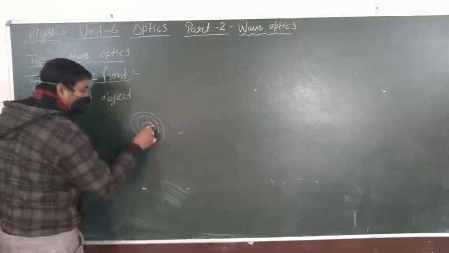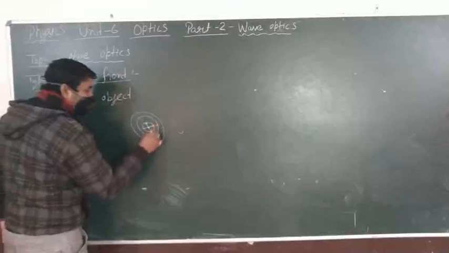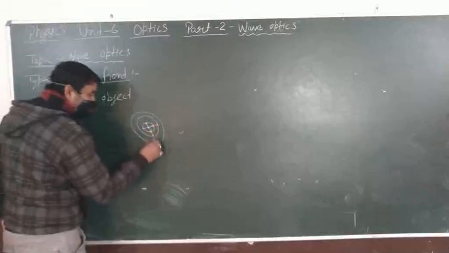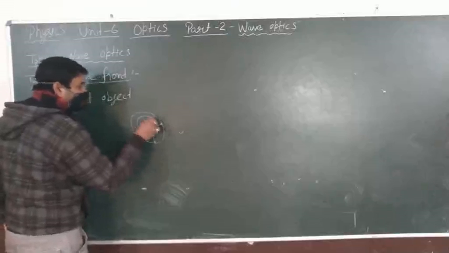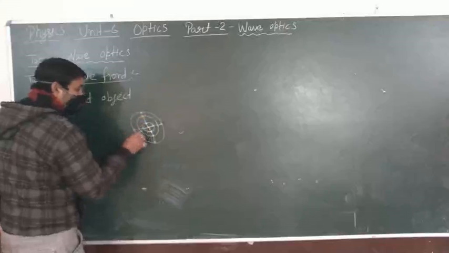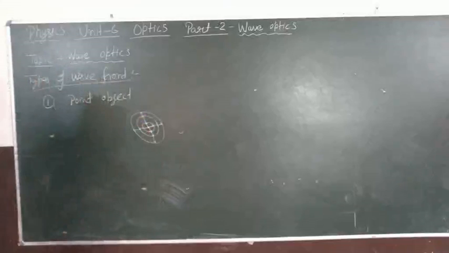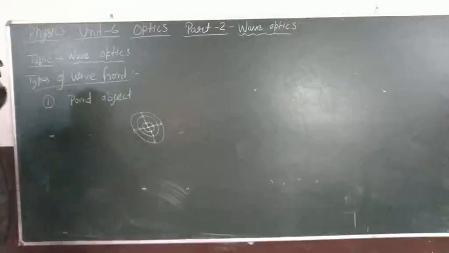and each sphere behaves like a wavefront. So this is the first kind of wavefront, and it is called a spherical wavefront.